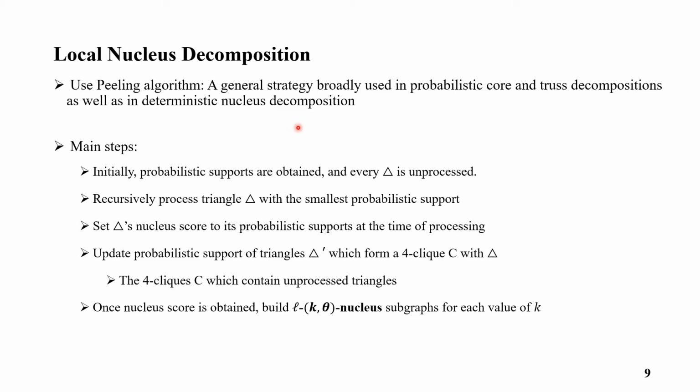Once a triangle is processed, its nucleus score is set to be its probabilistic support at the time of processing. And then we find triangles which form a four-clique with that triangle being processed, and then we update the probabilistic support of those triangles. And once the nucleus scores of all the triangles are obtained, we can simply build local K and theta nuclei for all values of K.